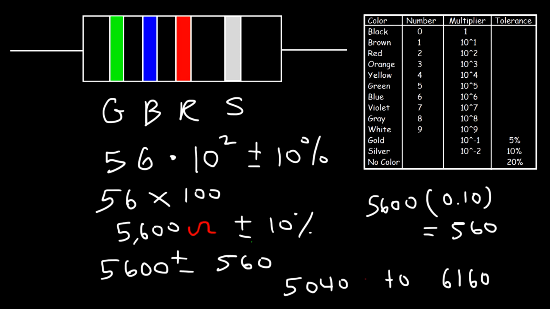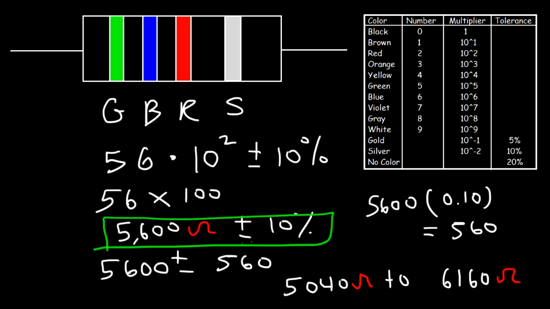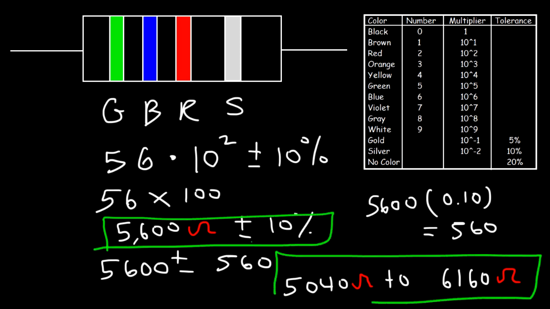So the actual resistance could be anywhere between 5040 ohms and 6160 ohms, with the average value being around 5600. So this is the resistance, and this is the range in which the actual resistance can lie.